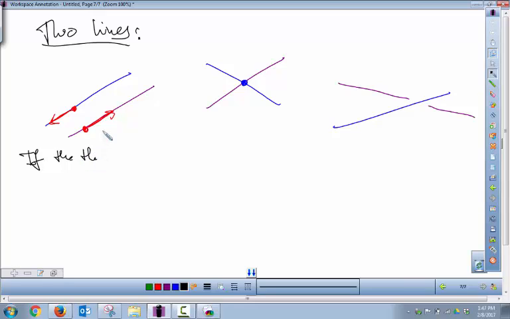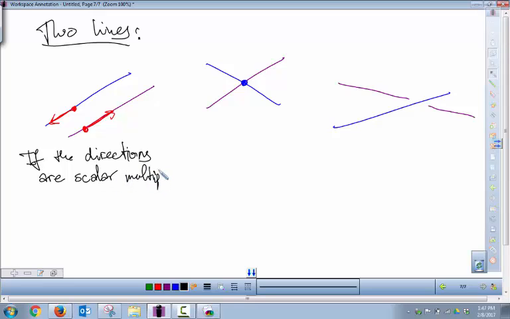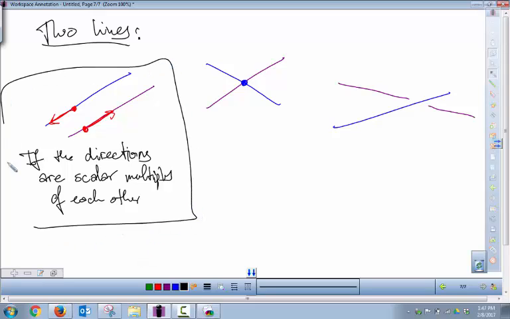So if the 2 directions are scalar multiples of each other, then they are parallel.